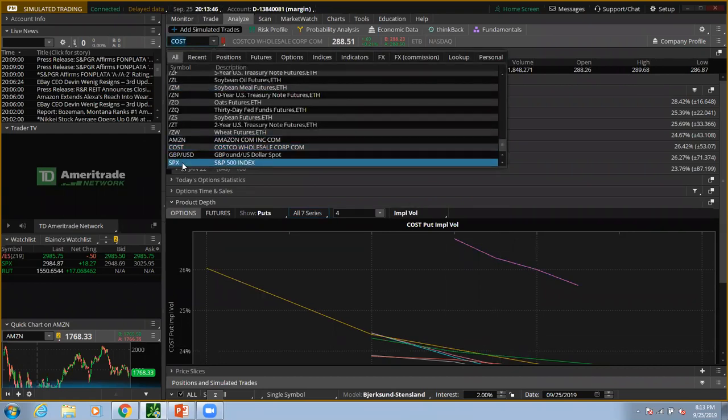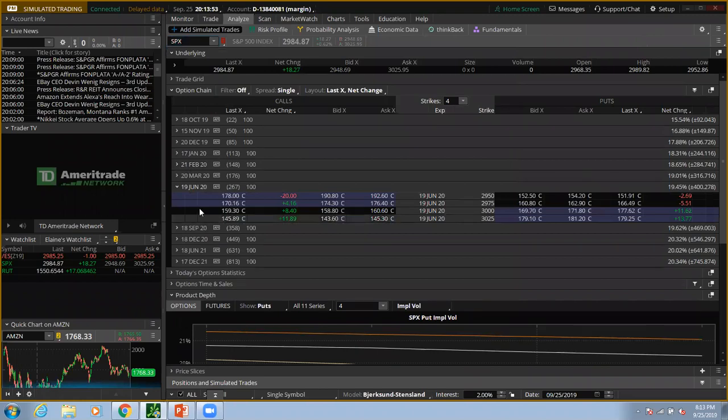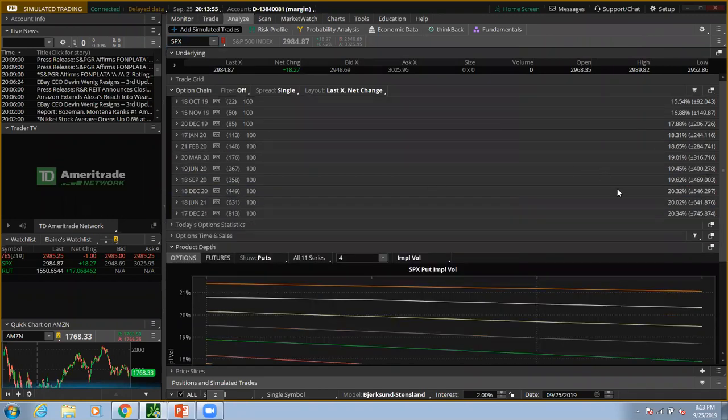Okay, well, let me just set one up here. So SPX. Okay, here's what I do. I'm going to put on a new trade, and really, I'm just selling the option series. There's no weeklies in here.